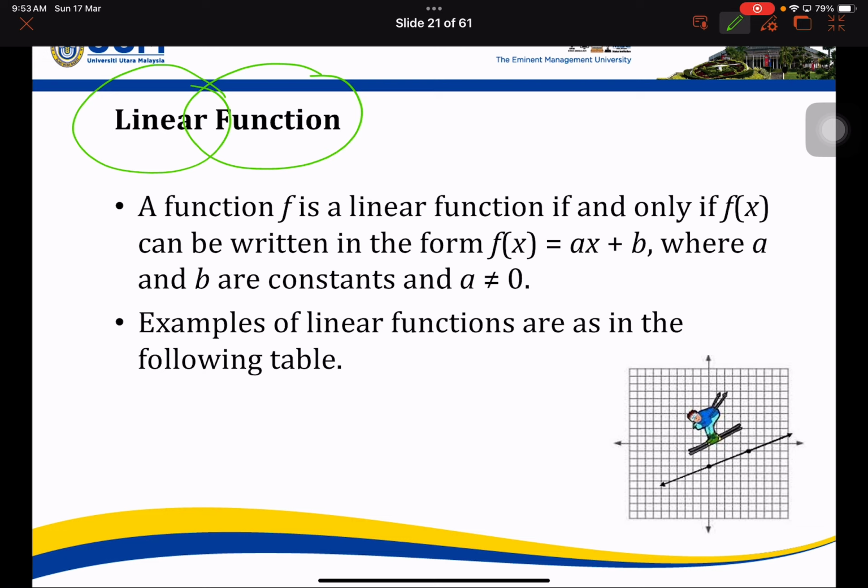Line. What else? Straight line. Okay, what else? So our answer now is, first we have line. Second we have straight line. What else do you have?